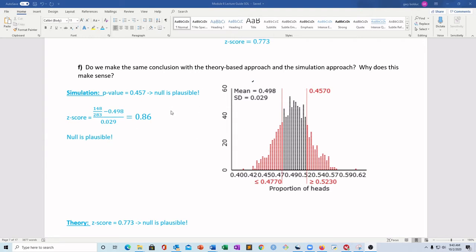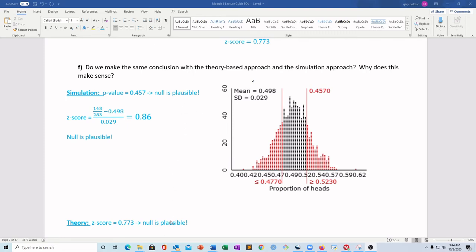But if we were going to do this using the simulation, like in Unit 1, do we get the same thing? This is the distribution we had. We have the computer take our statistic, and then we look at more extreme in both directions, right and left. We get a p-value of 0.457, which is huge, and a big p-value says the null is plausible.